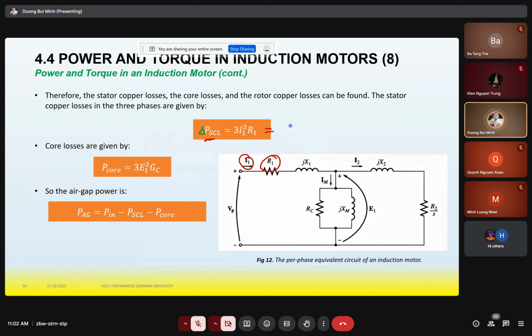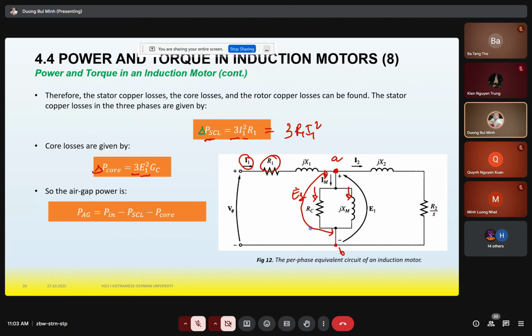For one phase we have R1 times I1 squared, and for three phases we multiply by 3, so 3 I1 squared R1. The core loss, delta P_core, is 3 E1 squared over... we have three phases. E1 is different from V phase; E1 is the voltage between this point A and this point.